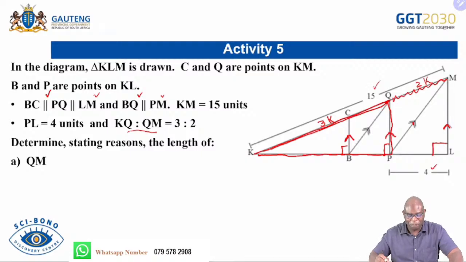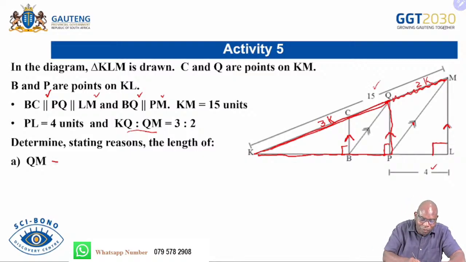I'm fine with that. Determine, stating the reasons, the length of QM. Now, you see now I need the length of QM. I cannot say the length of QM is 2K or it's 2 because it is not the length. If it's 2 and this one is 3, it gives us 5 and that length they say it's 15. Can you see? That's where we go back to our grade 9 work and work out the length of QM.